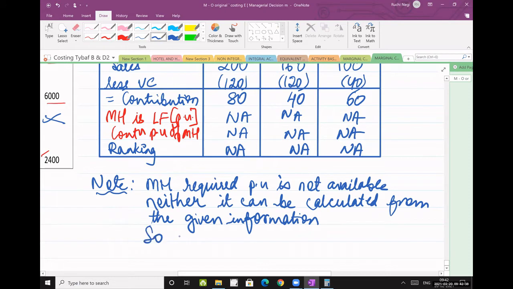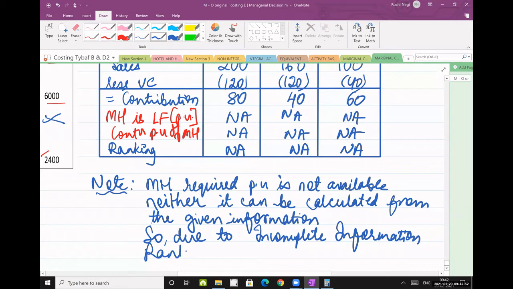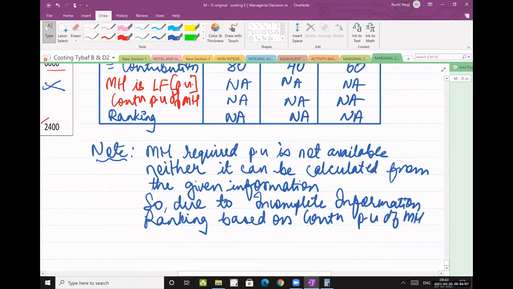So due to incomplete information, ranking based on contribution per unit of machine hours or limiting factor cannot be given. क्लियर? समझ में आया एवरीवन?